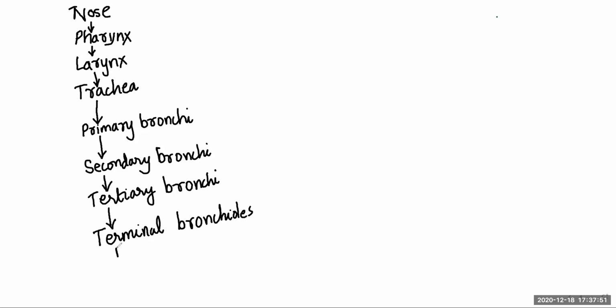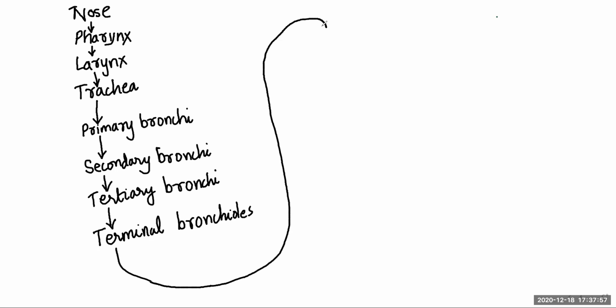Now terminal bronchioles will further branch to form smaller bronchioles called respiratory bronchioles.